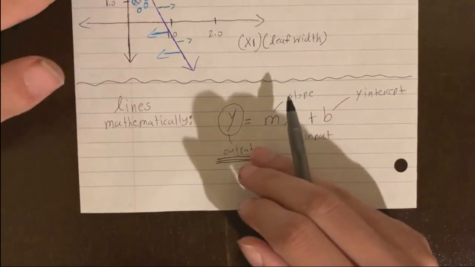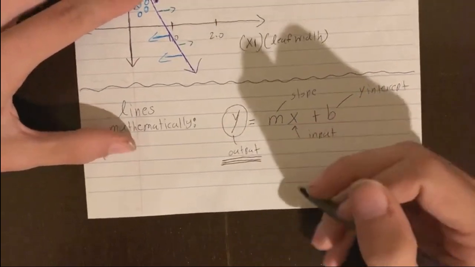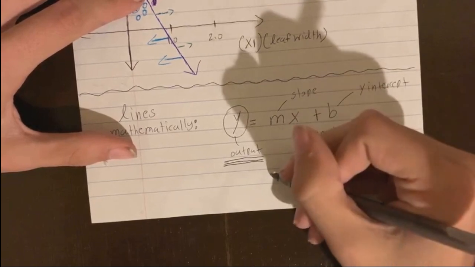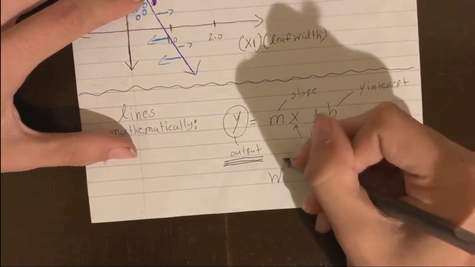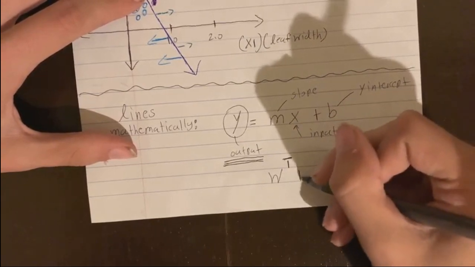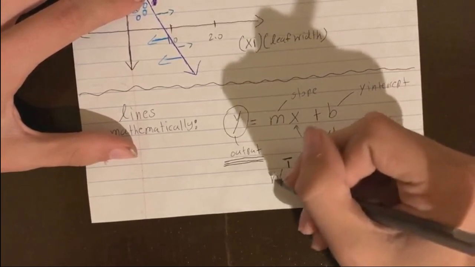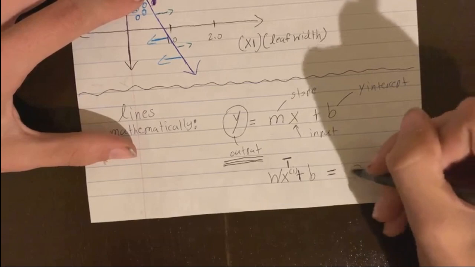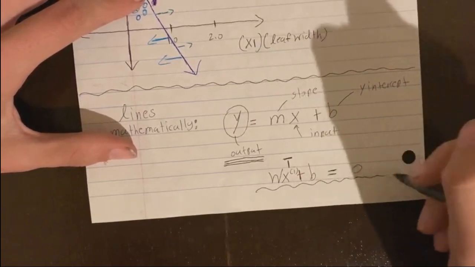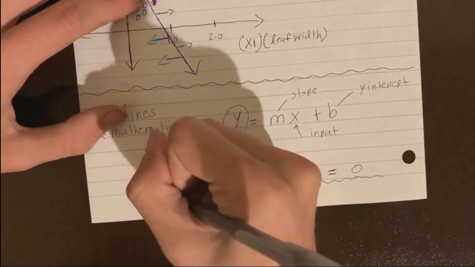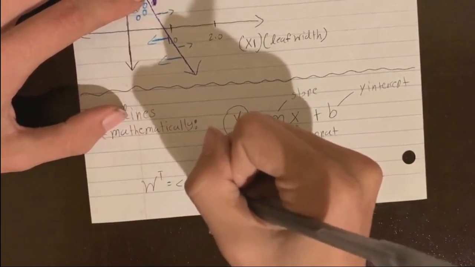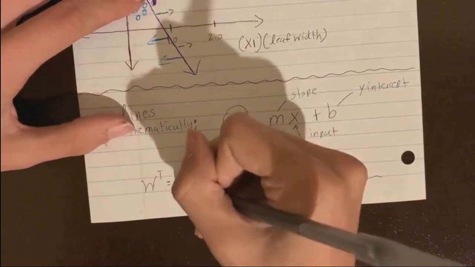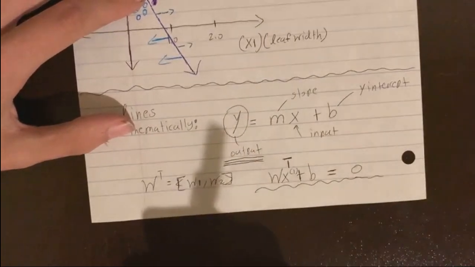So instead, we have to use another equation. We can rearrange this equation, but you can use another one, which would be W transpose X of i plus b is equal to 0. Here, W transpose has two parameters, W1 and W2, and the transpose makes it a row vector.